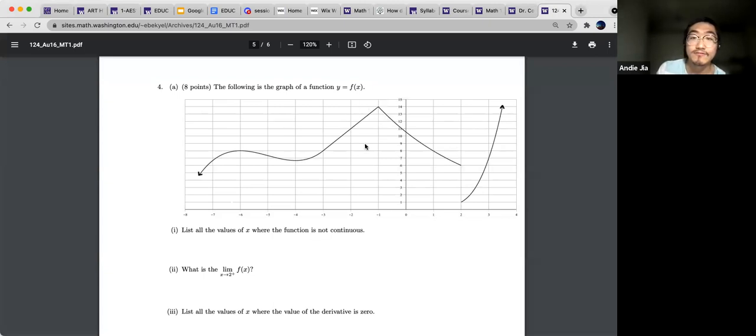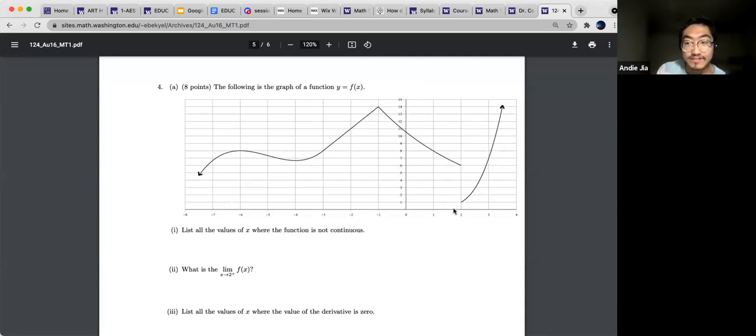At x equal to -1 here, the function is continuous, but it's not differentiable because the derivative is definitely not the same. If you take the left side, the derivative is positive. If you take the right side, it is negative.